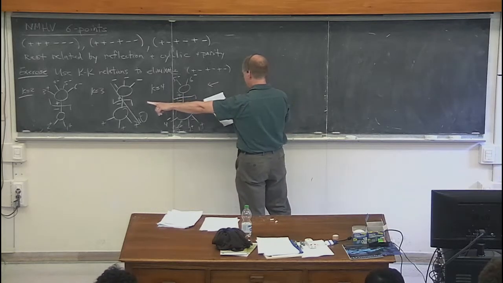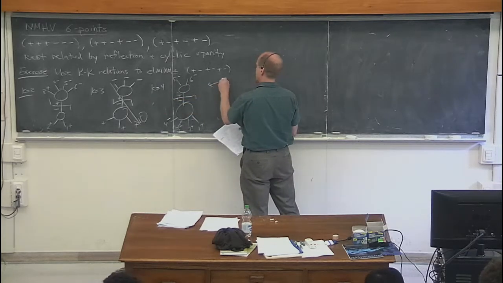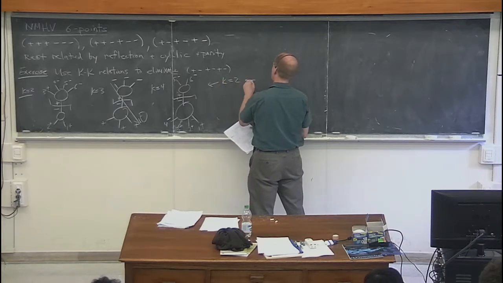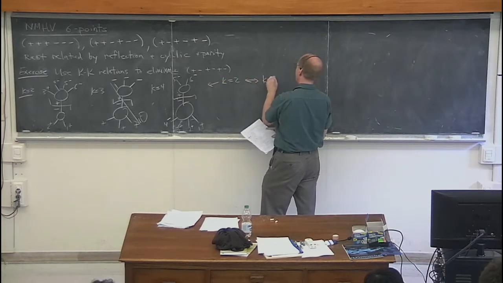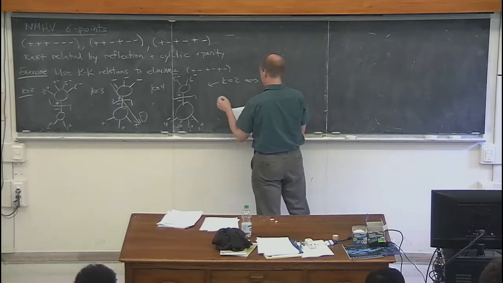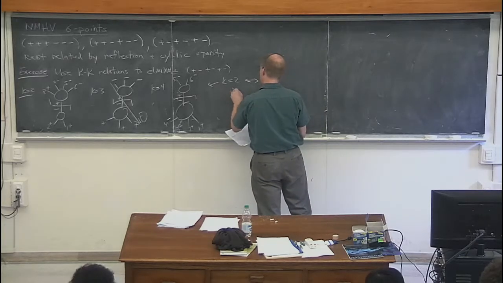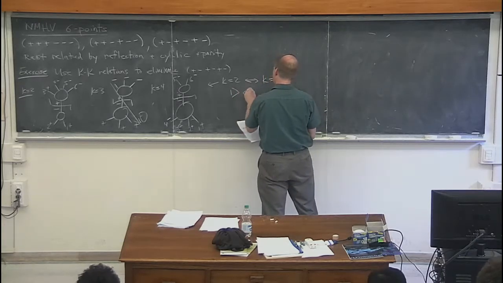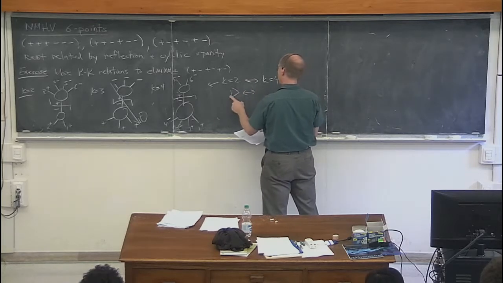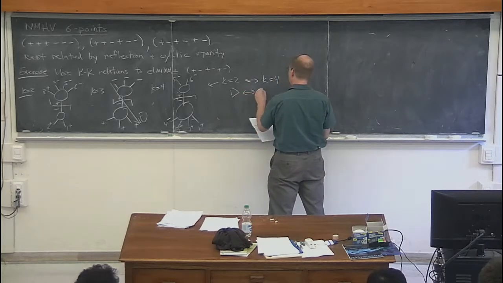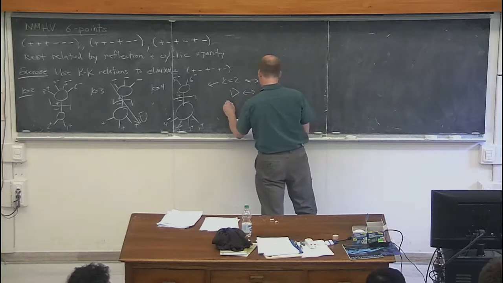But the last thing I want to do is just notice that k equals 2 can be related to k equals 4 by the following manipulation. Every time you see a lambda 1 angle, you convert it to a 6 square.